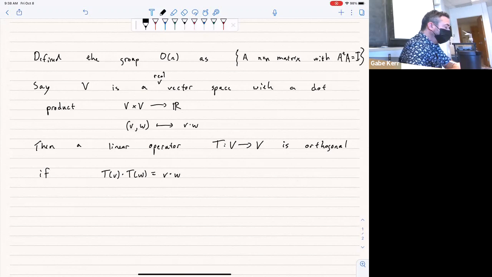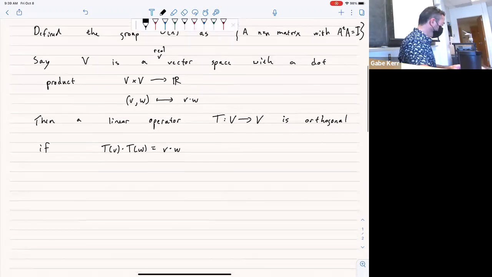So this definition allows you to talk about orthogonal operators without talking about matrices. But again, if you chose the right basis, you could always translate it into the more concrete matrix language if you want. We'll go back and forth.